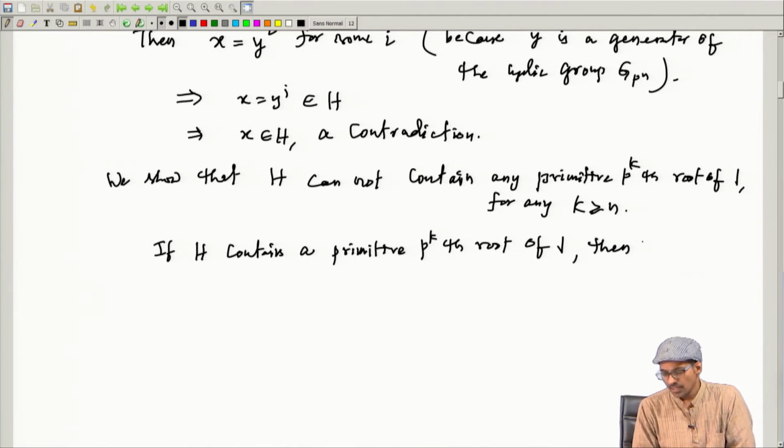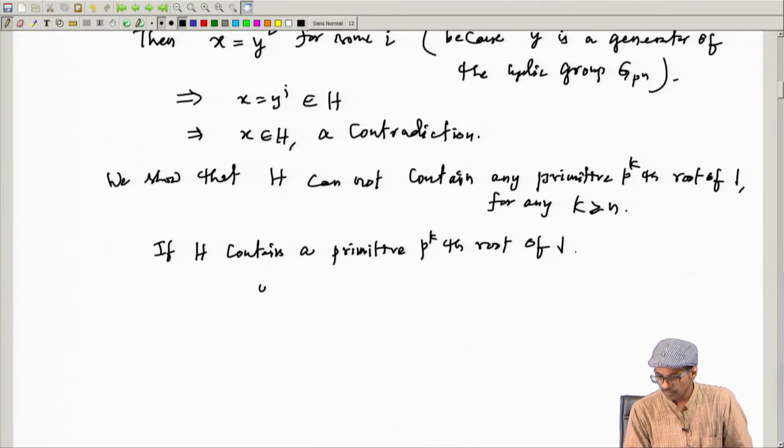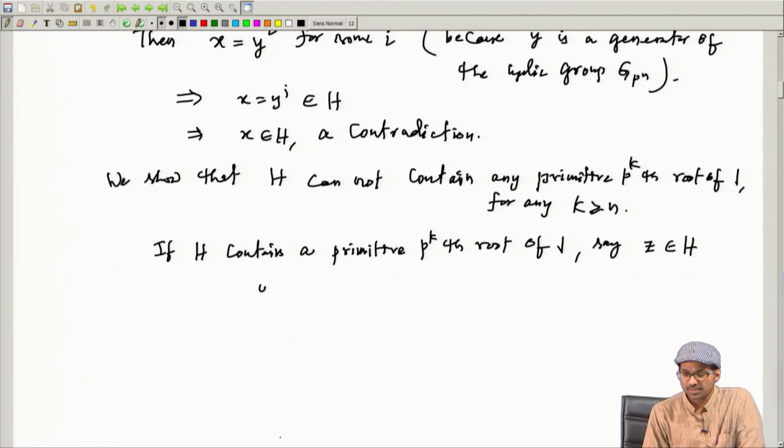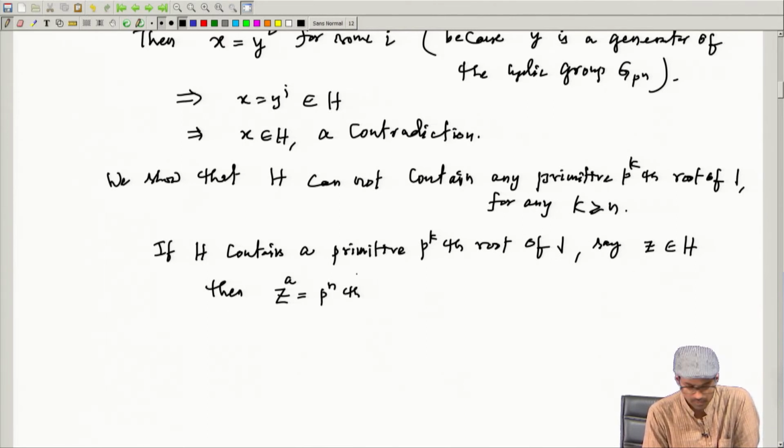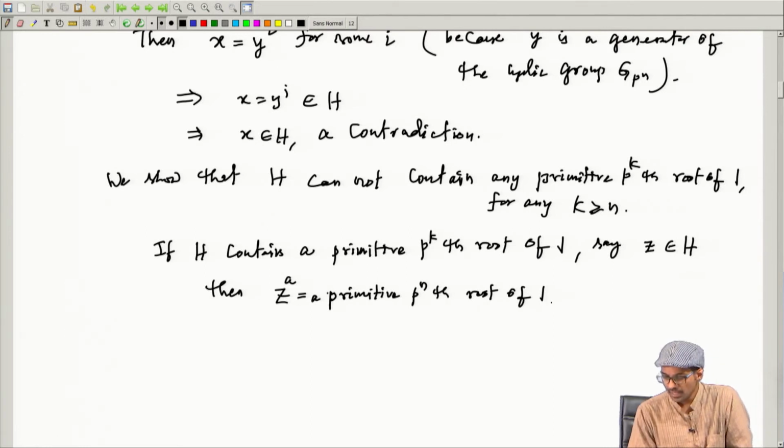then, let us say some z, okay, say z belongs to H, z is a p power kth root of unity, then z power a, for some a, is a primitive p power nth root of unity.